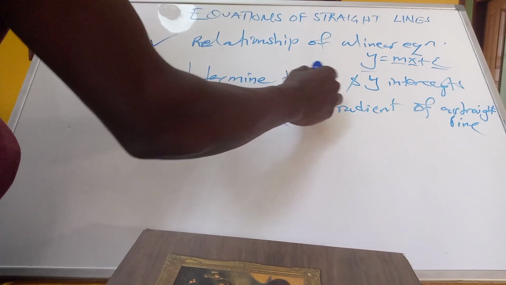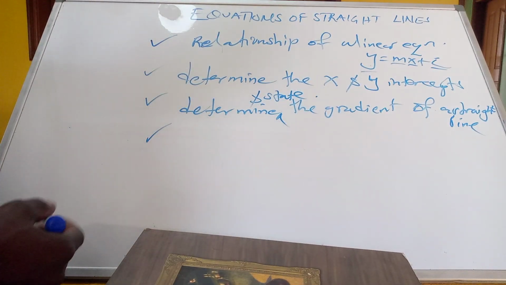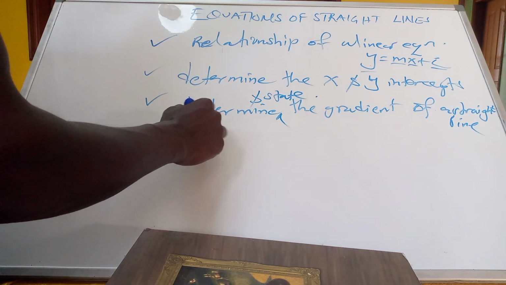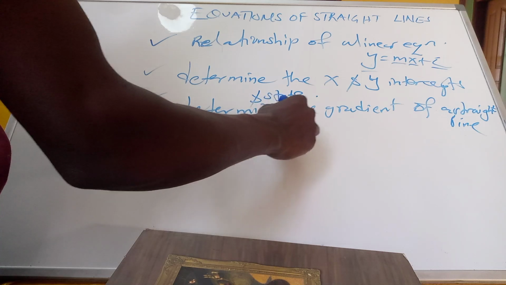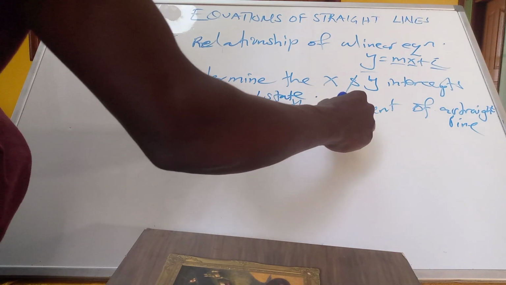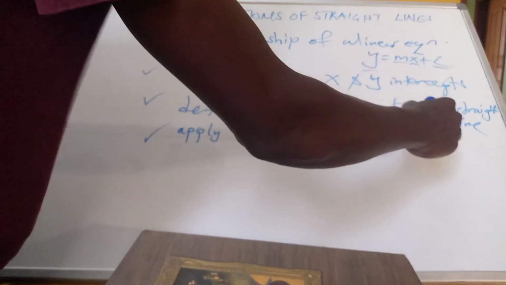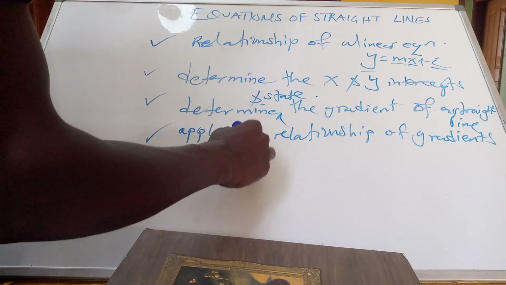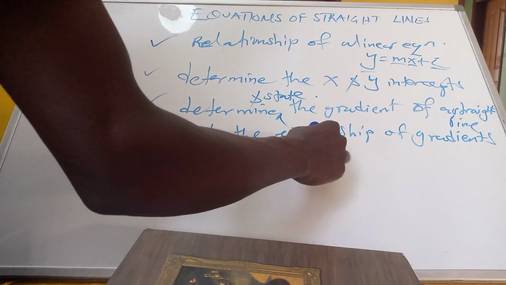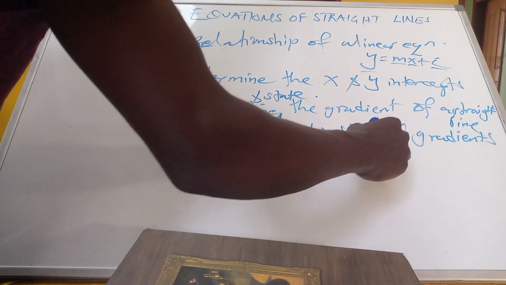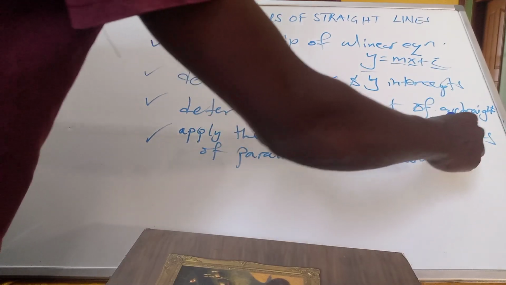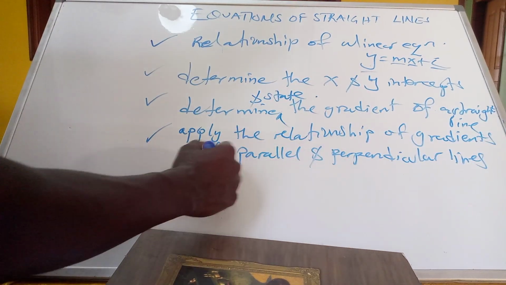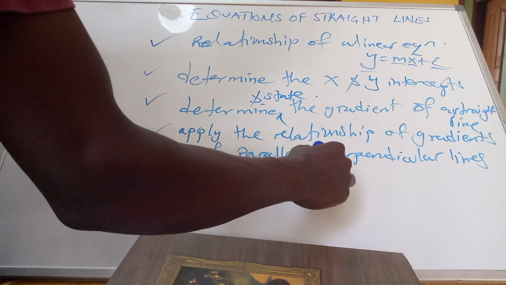Lastly, we are to apply the relationship of gradients of parallel and perpendicular lines to determine the equation of a straight line.